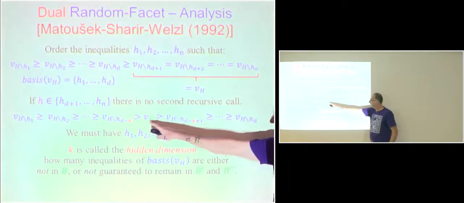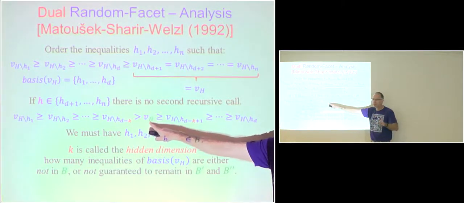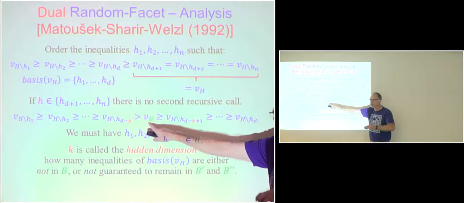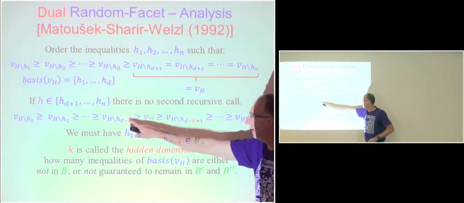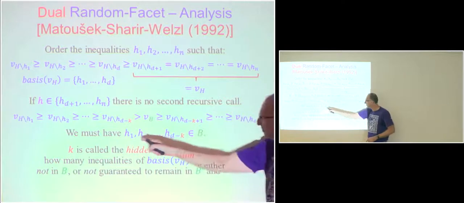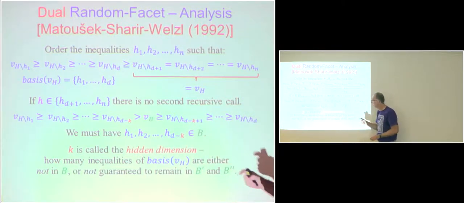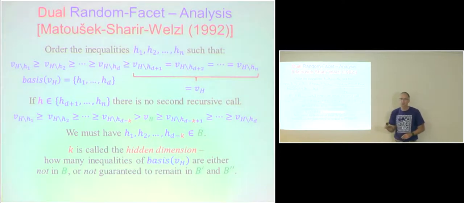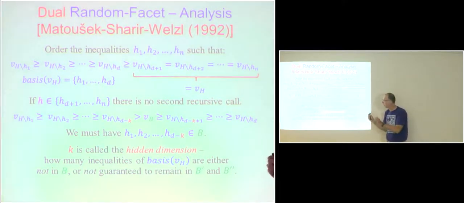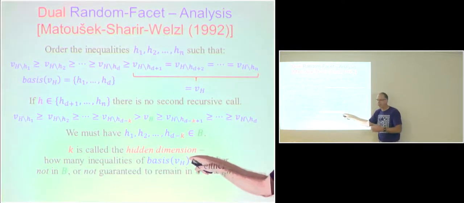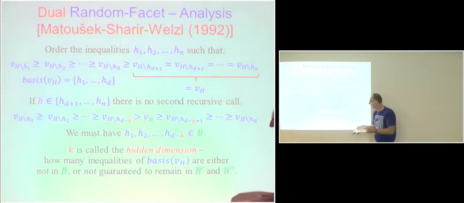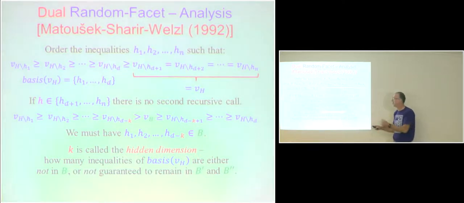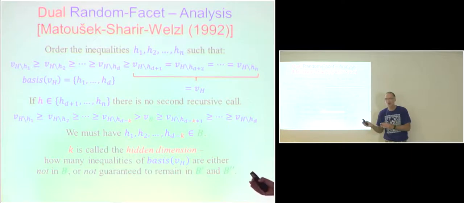Because we keep moving from a basis to a better basis, so v of b would always decrease. So these inequalities would always be maintained, and this implies that all these inequalities would actually remain in our basis. So note that what that means is that if the hidden dimension is k, we're essentially working on a k-dimensional problem. We think we are working on a d-dimensional problem, but in fact we are working on a k-dimensional problem. We don't know which problem it is, but it's hidden somewhere in our computation.